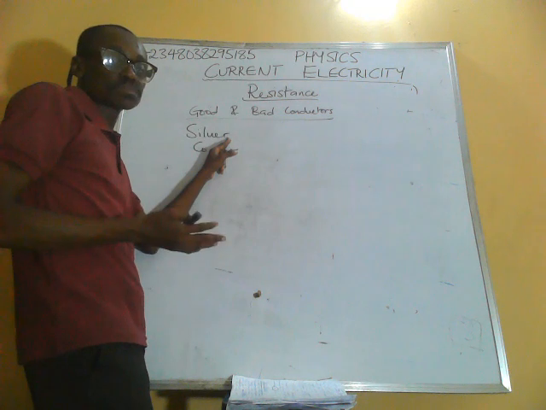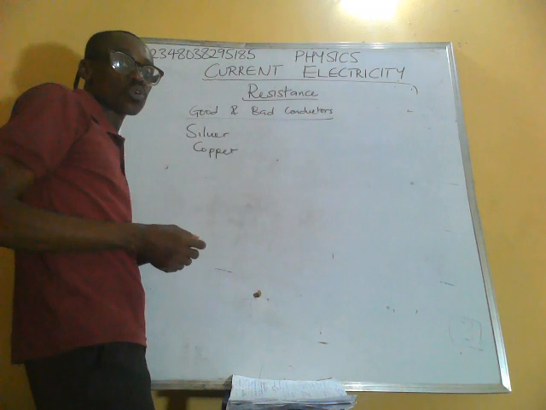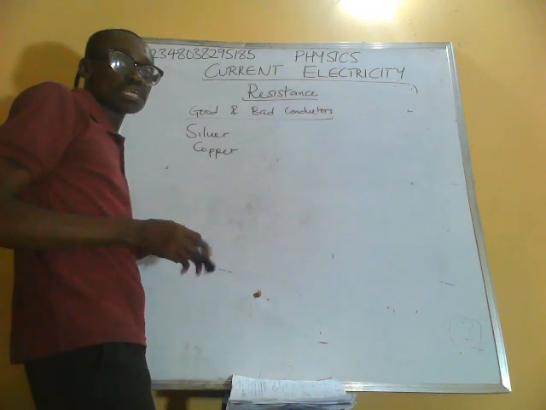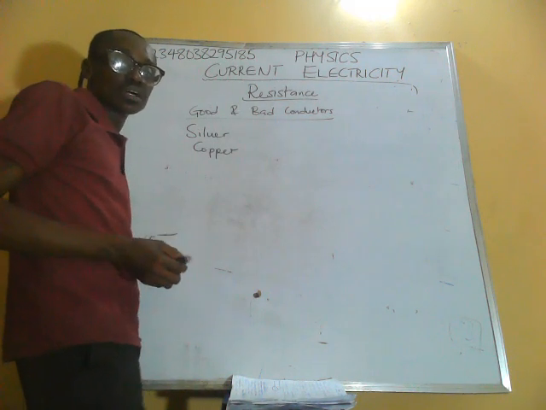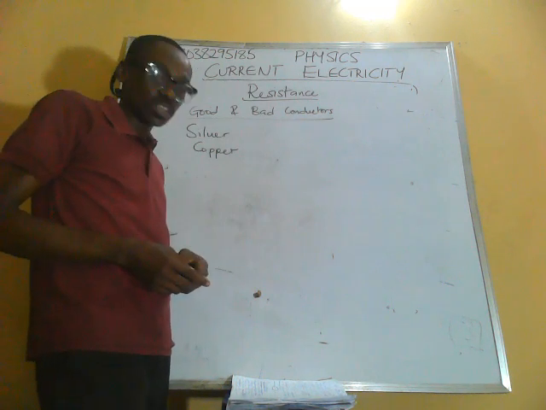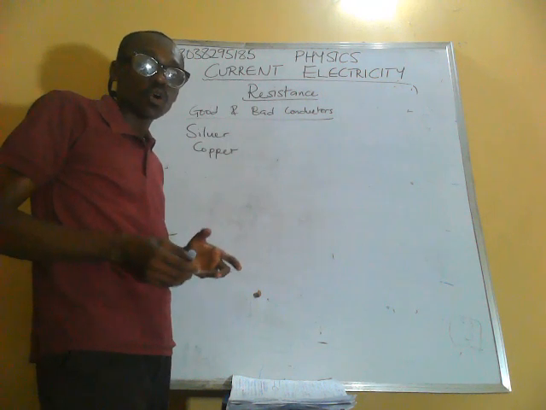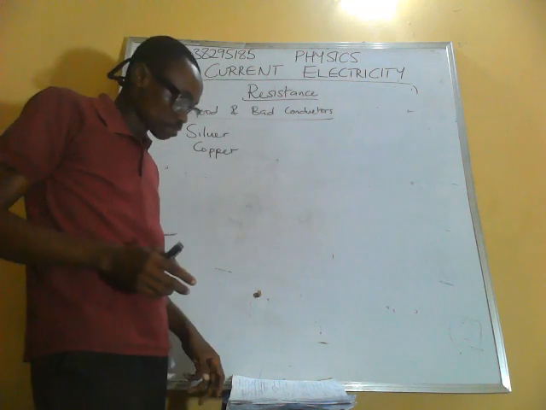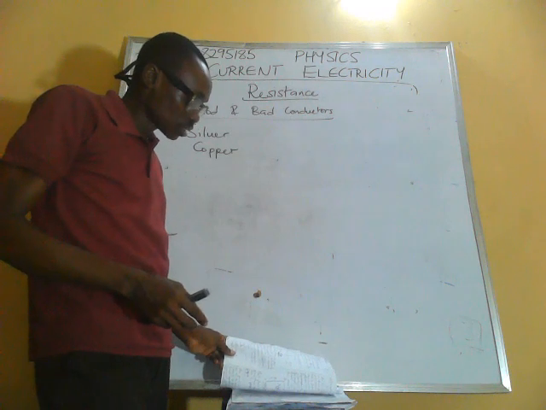Let's assume we had cables made of silver on our roads. Easily people would go and steal the cables so that they can sell them and make money. So that is why we make use of copper, which is also good, although it's not as good as silver, but far cheaper.